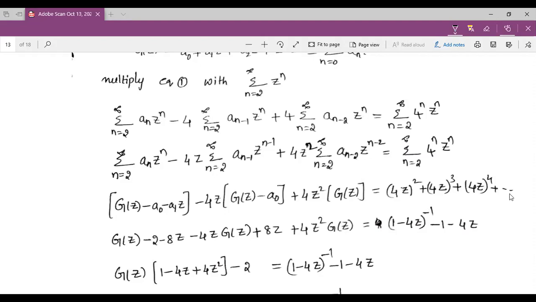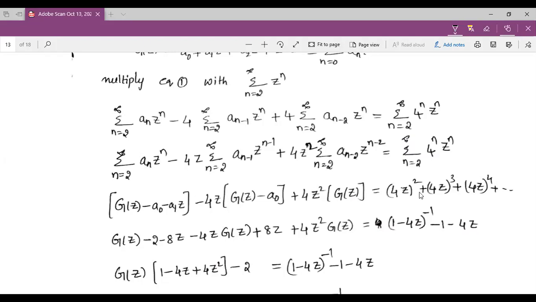This expansion can be written using the binomial expansion of (1 minus 4z) inverse, which is 1 plus 4z plus (4z)^2 plus (4z)^3 plus (4z)^4.